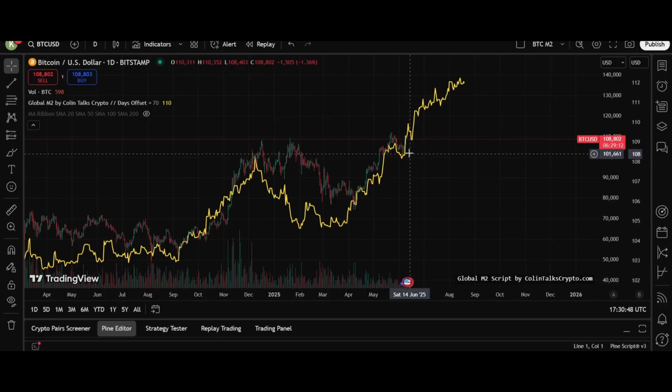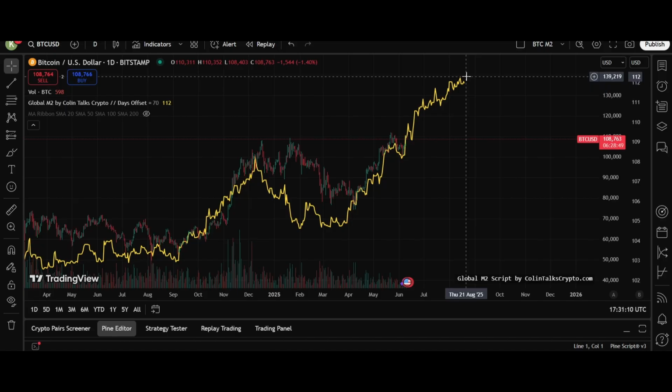We see that the global M2 is going up, which is good. Of course, there's some correlation with the Bitcoin price action as well, but nothing is granted. I still believe it will follow, and we'll see higher prices.